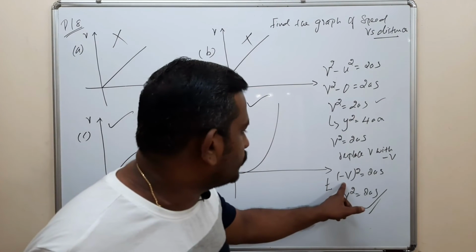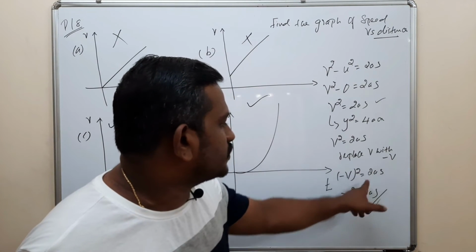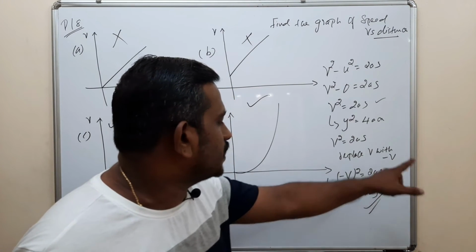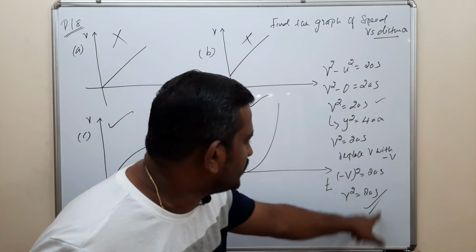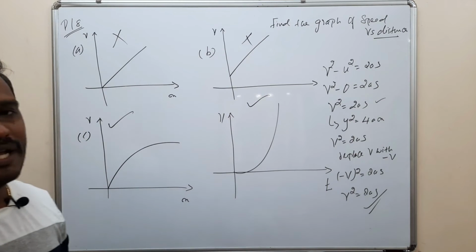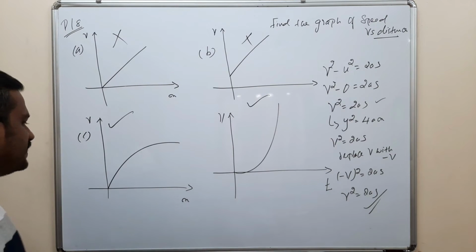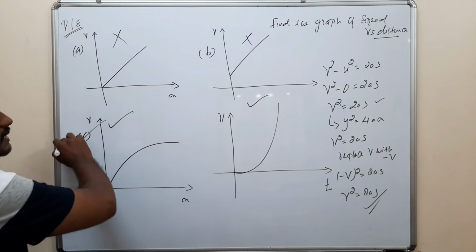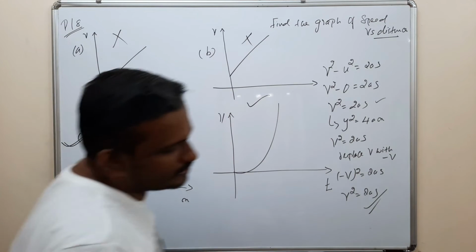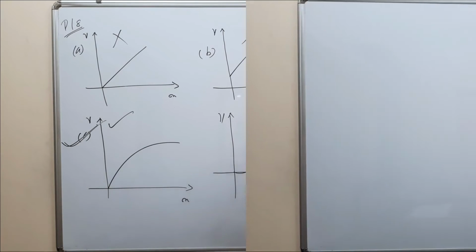For that I replace v with minus v. So minus v square is equal to 2as, so v square is equal to 2as. So we can conclude that the parabola is symmetric about the displacement axis. This is the answer. Clear?